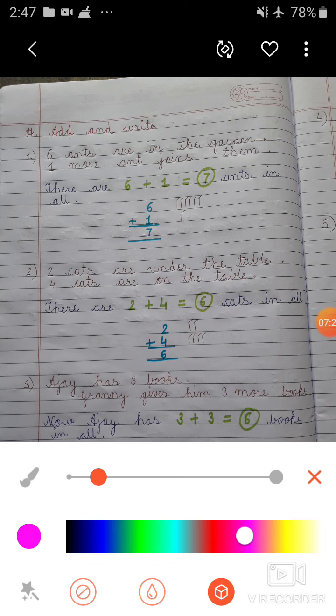Now you have to add 6 and 1 in vertical form also, by using strokes. Okay, you have to add this number by using strokes.